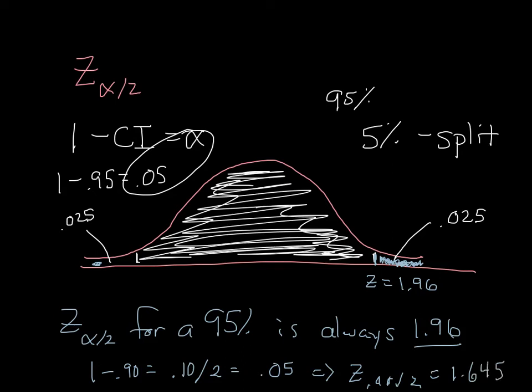So these numbers, it's not like we have to calculate them every time. What we have to understand is what is the size of the confidence interval and what is the critical value that's going to correspond with that. So I'm going to look at example 1 in your book. It's on page 347.